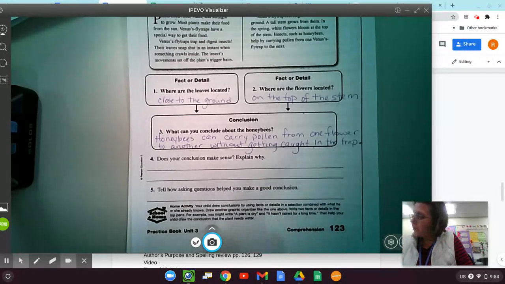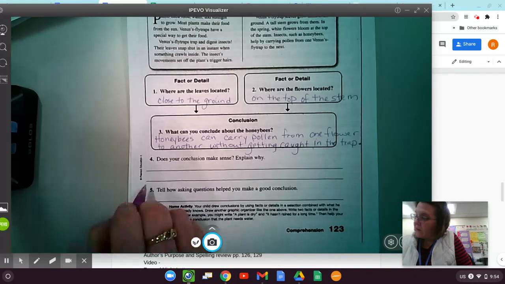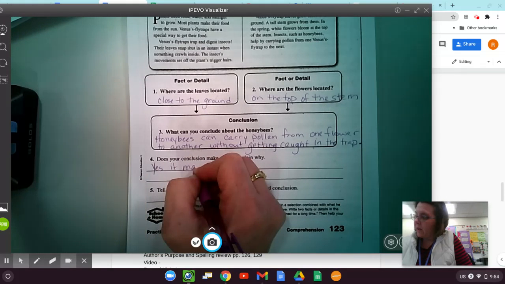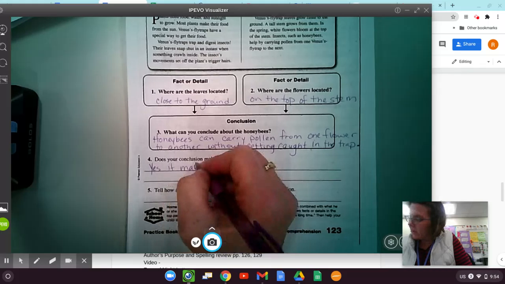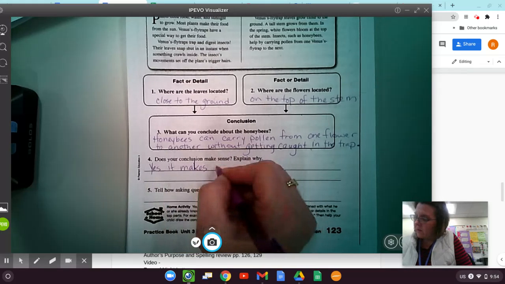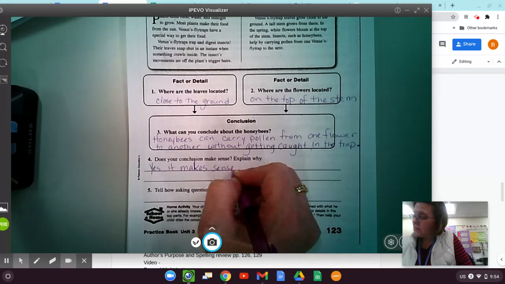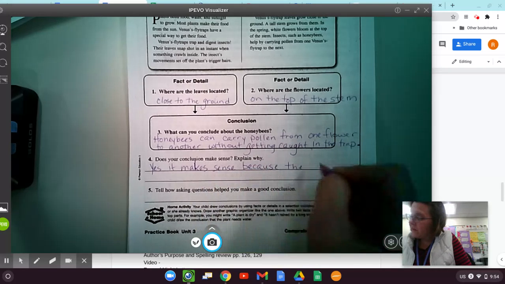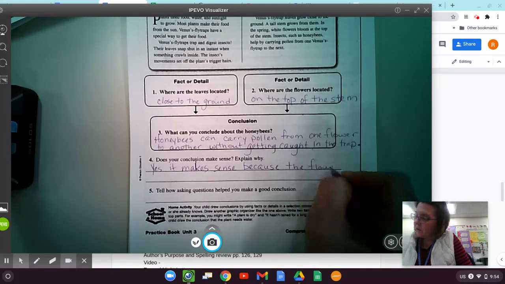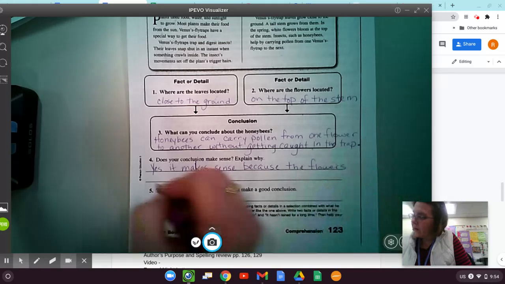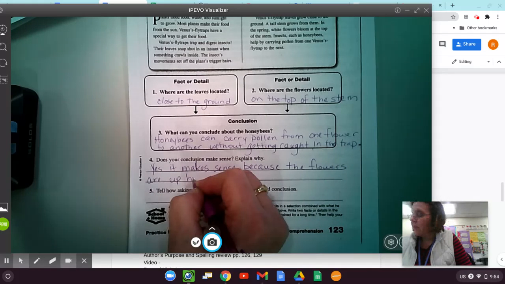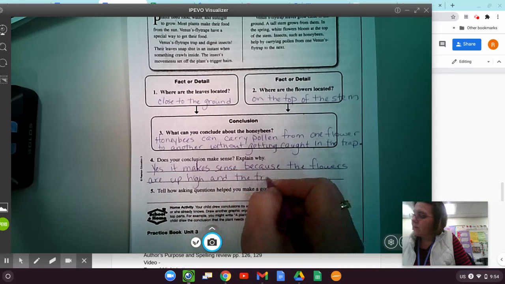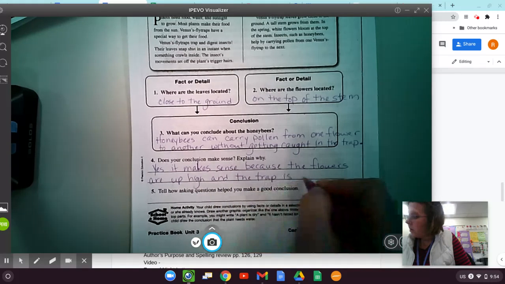So, yes, it makes sense, be careful of those K's, because the flowers are up high and the trap is down low.